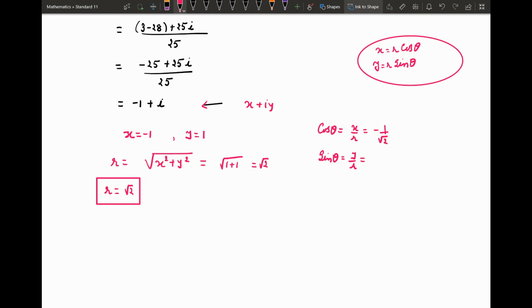Sin theta, y by r, so 1 upon root 2. Cos negative, sin positive, so second quadrant. In the second quadrant we know how to take theta: pi minus theta.